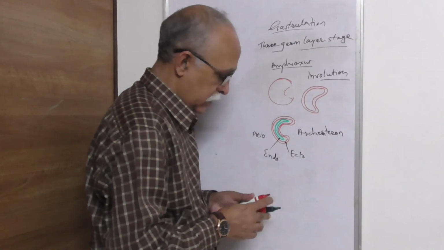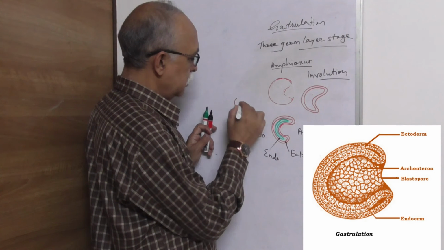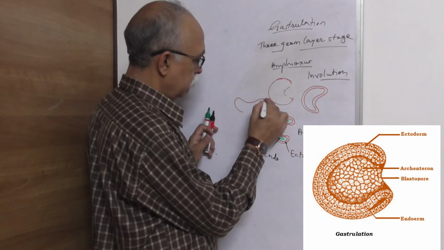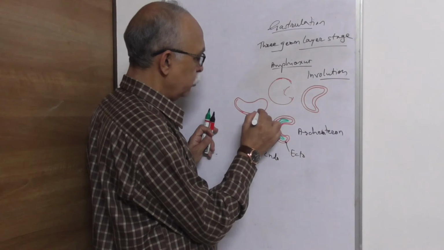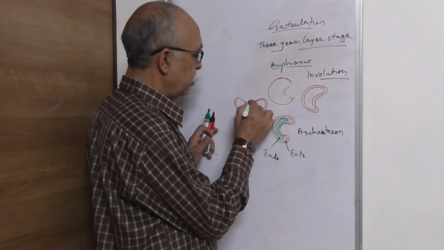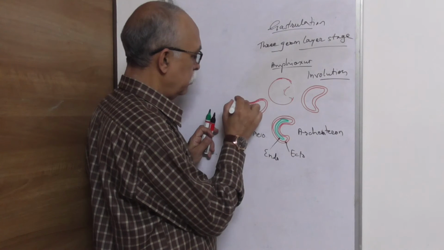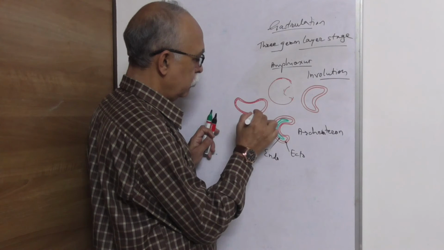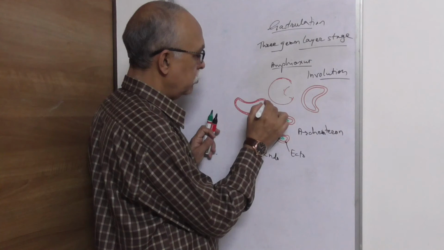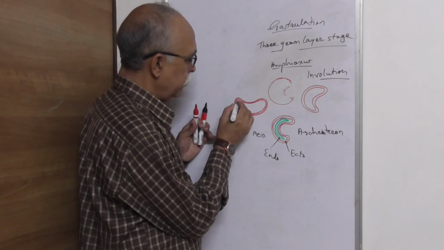So finally, the gastrula that we see is this. This is the outermost layer. As I said, it's ectoderm. Second layer.